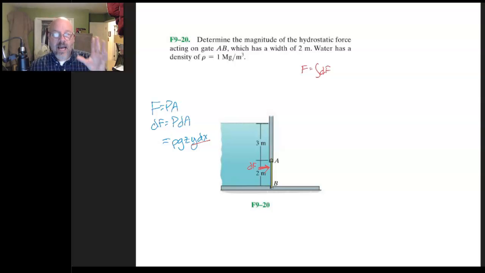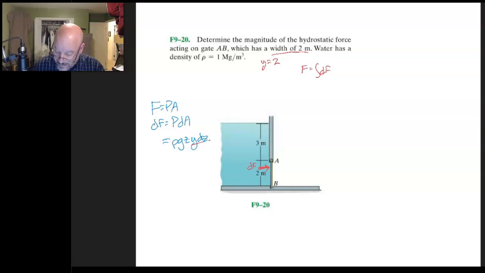In our case, where it says there's a width of 2 meters, we're going to take y equal to 2. I don't want to have an x on there. That needs to be a z, because we're not integrating in x. We're just going to integrate in z.